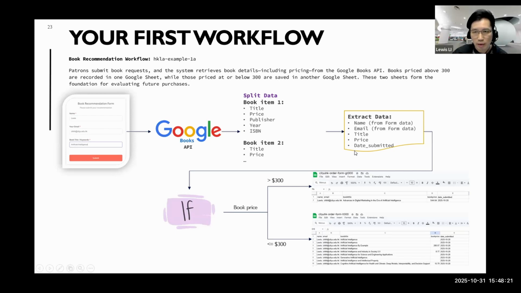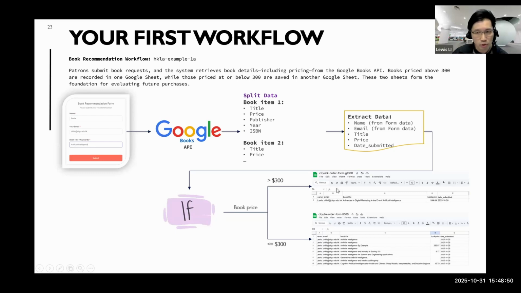But in addition, I want to see whether the book price is greater than 300 or less than or equal to 300. If it is higher than 300, there will be a Google Sheet to save it. If the book price is less than 300, there will be another Google Sheet to save all the book information.